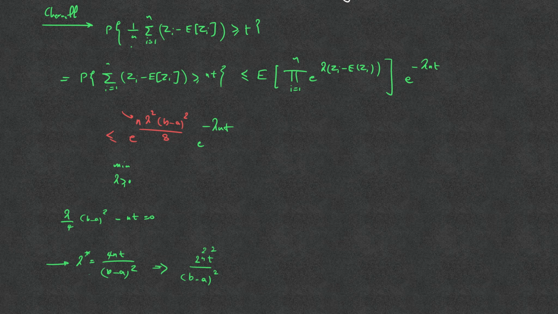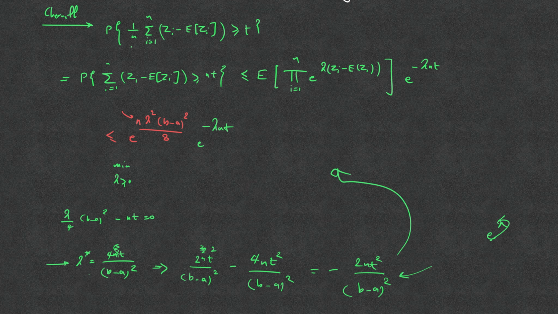Therefore, in the optimal version of lambda, you don't have an n here. And therefore, by substitution, you have minus 2nt squared divided by (b minus a) squared, which, given that e to the x is an increasing function, you could put that in there, get the optimal result, which is e to the minus 2nt squared over (b minus a) squared, which is Hoeffding's theorem.